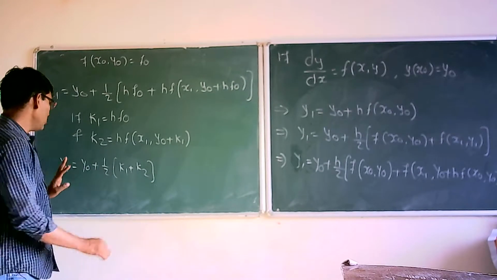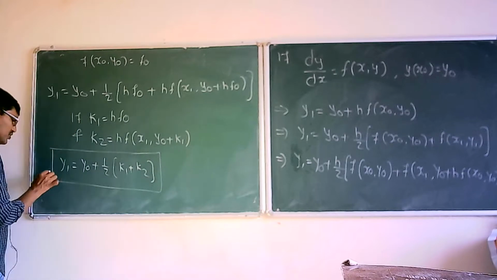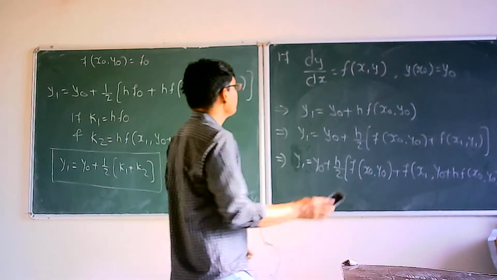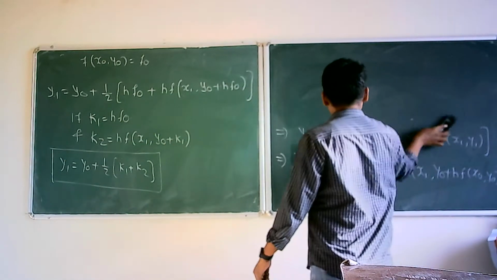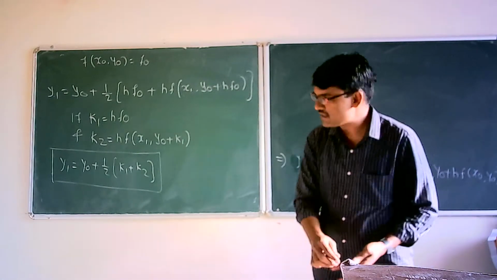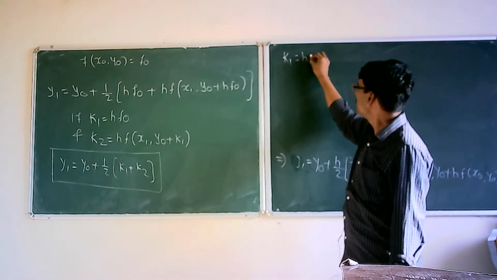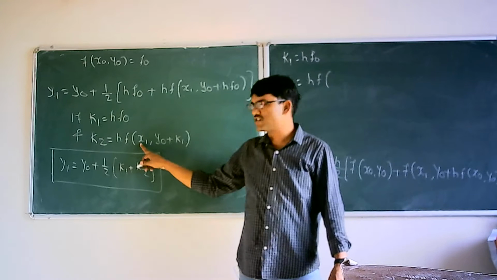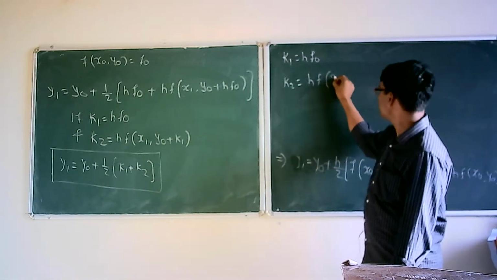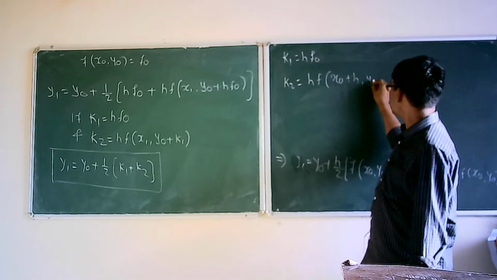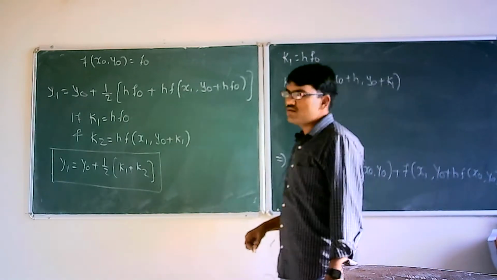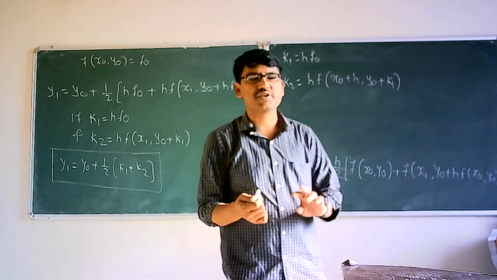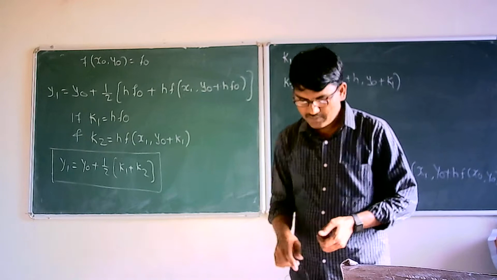So this is called the second order Runge-Kutta formula, where k1 is equal to h f0 and k2 is equal to h f of x1, which is x0 plus h, and y0 plus k1. So by using this formula you can find an approximate solution of the given differential equation with second order.